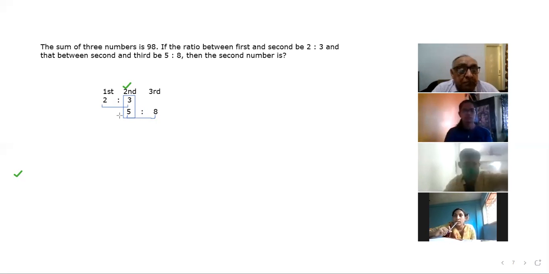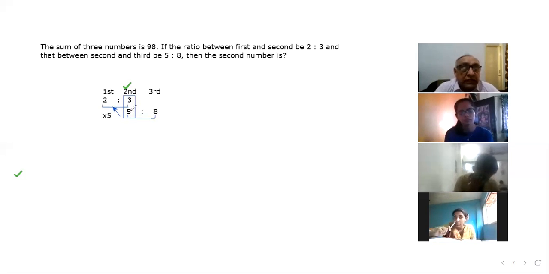The upper ratio 2:3, let us multiply it by 5, and the ratio given below, let us multiply this by the number 3.